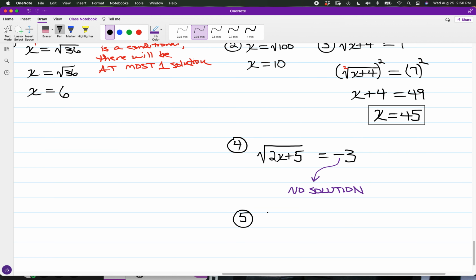Let's say I change it up, not with the square root, but a cubic root.